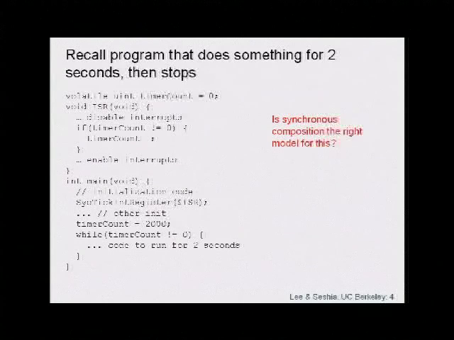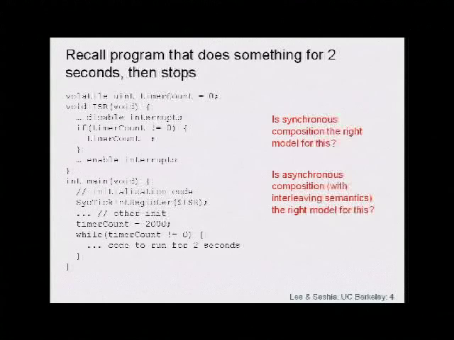But the semantics is that when the ISR occurs, the main function is suspended. It doesn't run, it doesn't even do stuttering transitions. And so synchronous composition doesn't look like the right semantics for this, because in many cases there are no simultaneous transitions.